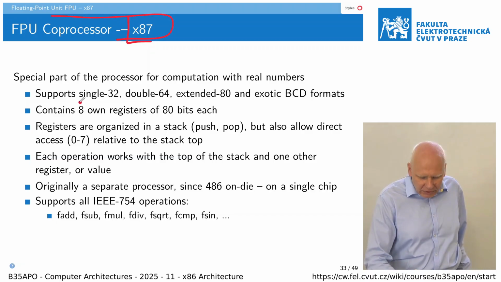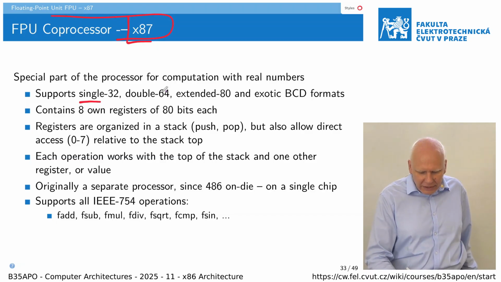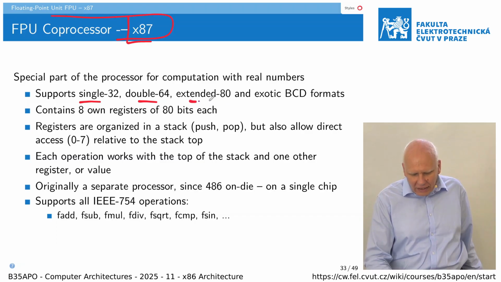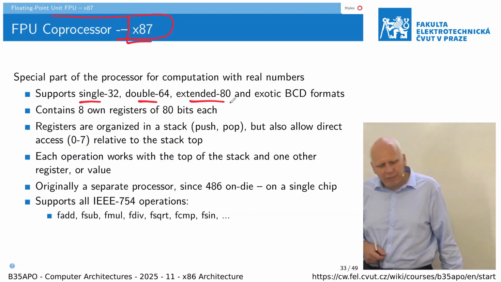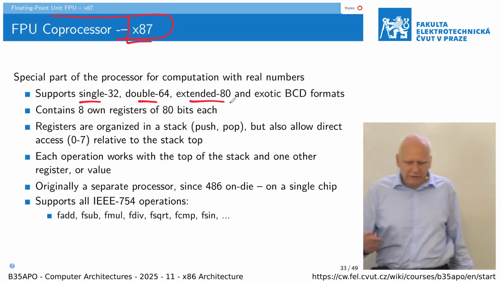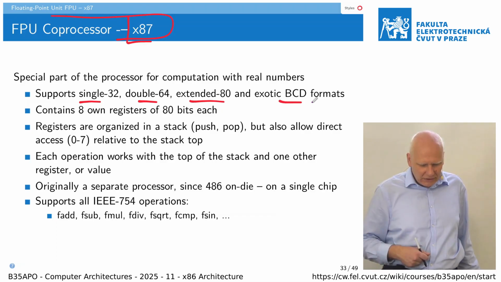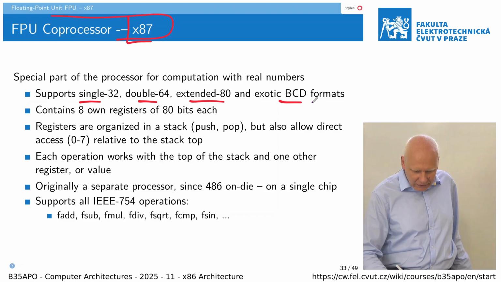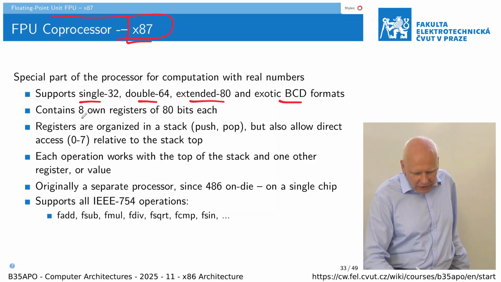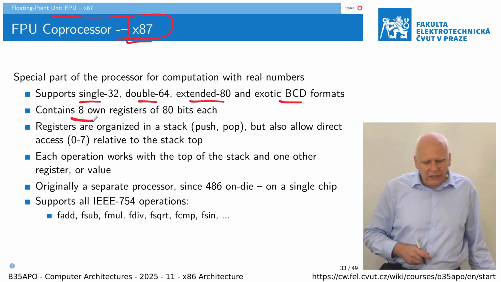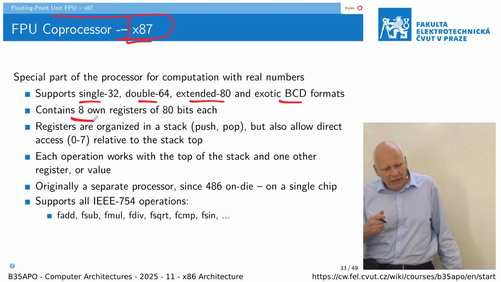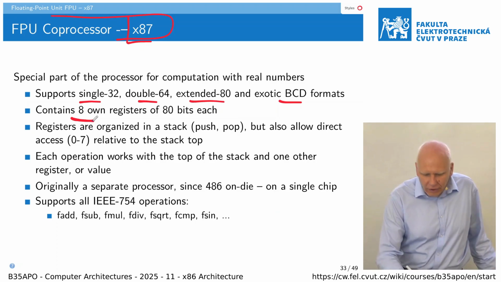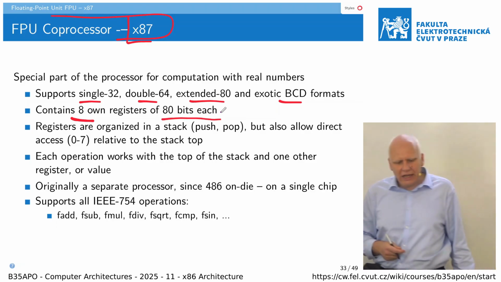It supports single 32-bit, double 64-bit, and extended 80-bit formats, as well as some exotic ones, but they are not important. And that coprocessor contains even 8 registers, each of which is 80 bits wide.